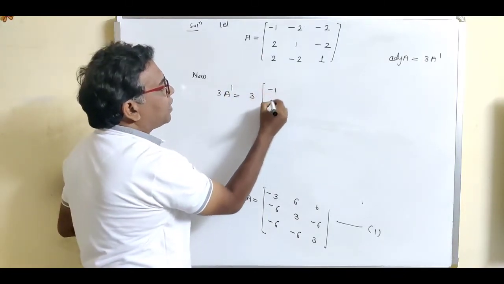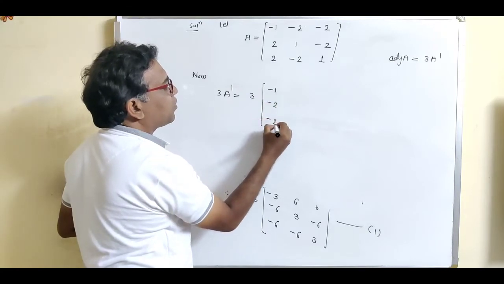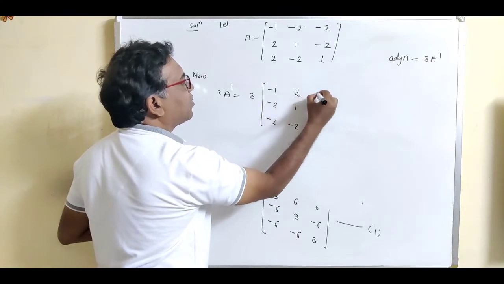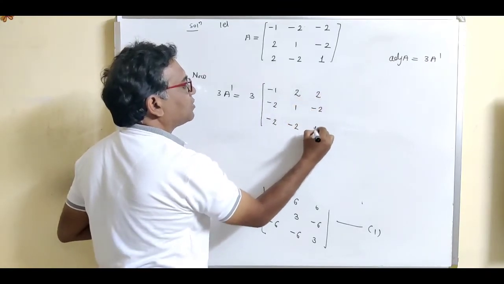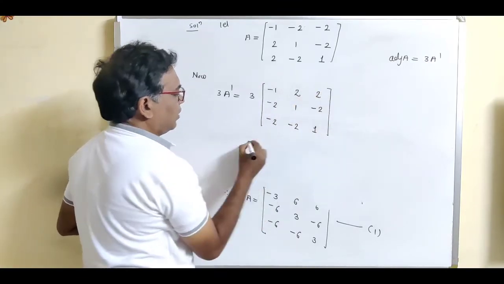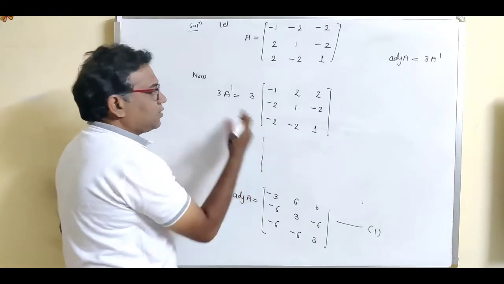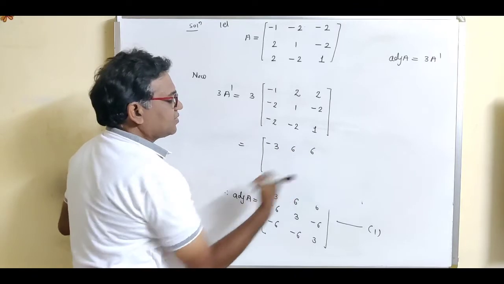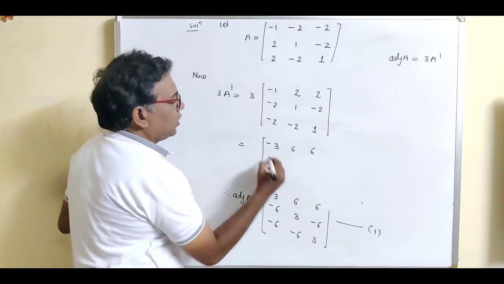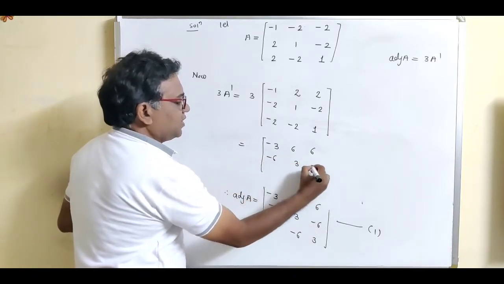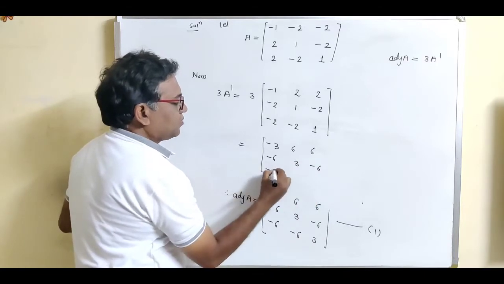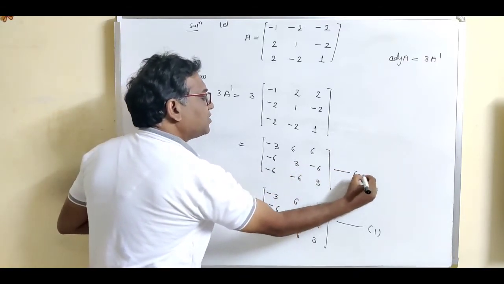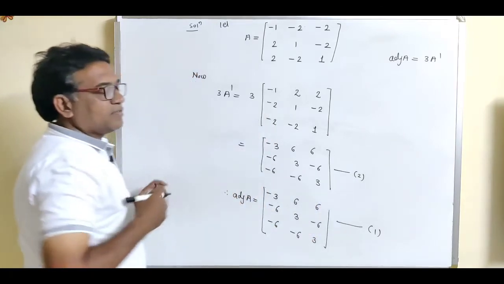Transpose means write first row as first column, second row as second column, and third row as third column. So this is equal to, just multiply by 3. This is minus 3, 6, 6. This is minus 6, 3, minus 6. This is minus 6, minus 6, 3. So this is, suppose, equation number 2, that is our right hand side.